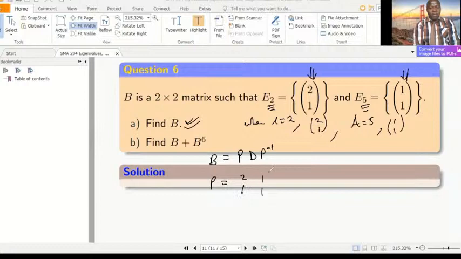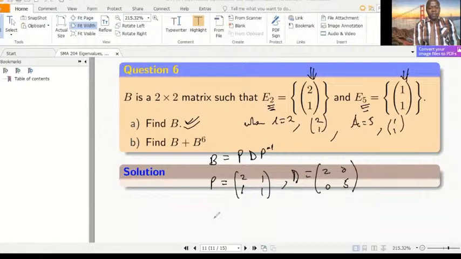So this would be our P. What about our D? This eigenvector here, its eigenvalue is 2. And this eigenvector here, its eigenvalue is 5.